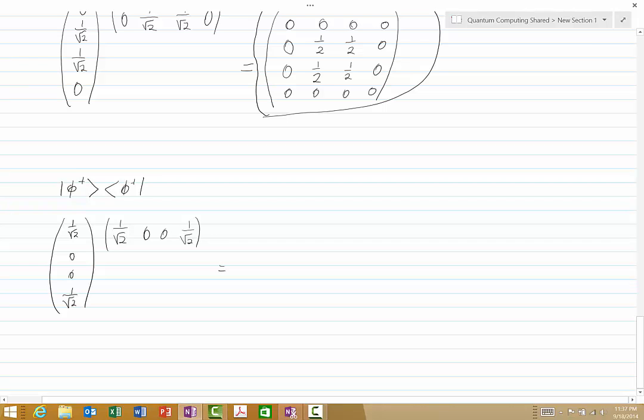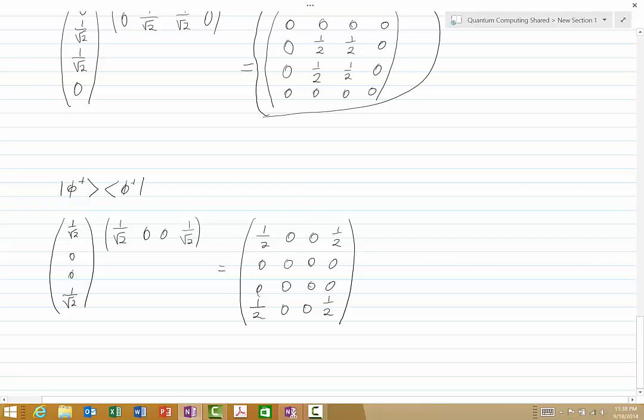When you multiply this out, you would get 1 half, 0, 0, 1 half, then 0, 0, 0, 0, then 0, 0, 0, 0, then 1 half, 0, 0, 1 half. So if you worked with the original numbers, that's the matrix that you should obtain.